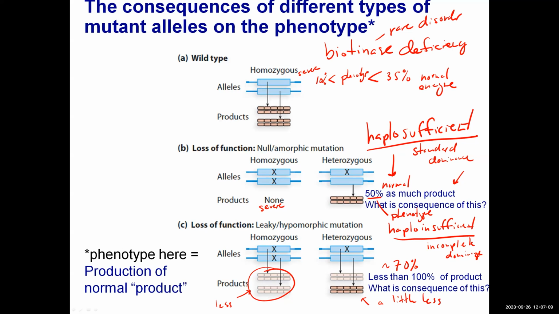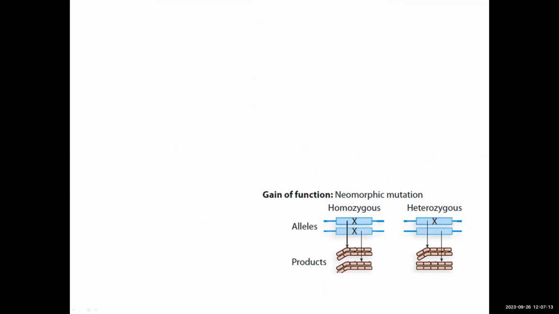Gain of functions are often much worse. In a gain of function situation, a mutation causes the protein to now have a different function than it would otherwise have. Sometimes the original function is still there too. In this situation, we have a homozygous individual with the gain of function and a heterozygous individual with both a normal version and the gain of function.